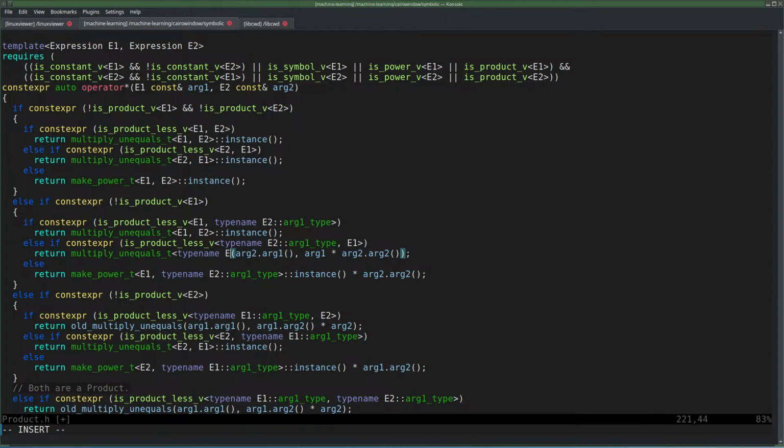Typename E2, arg1 type, comma, that instance. Now that won't compile because I need the type of this thing, but we can do the decltype of whatever expression at the moment, for now.